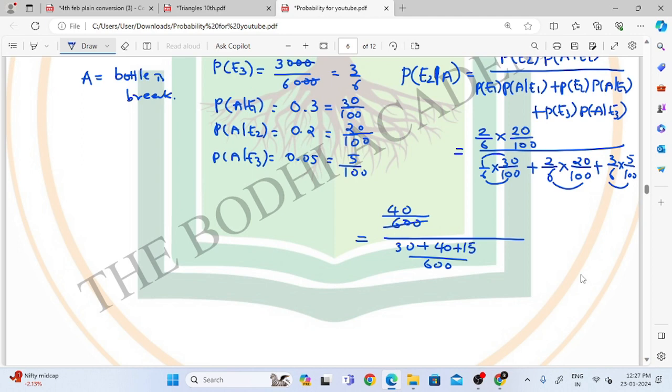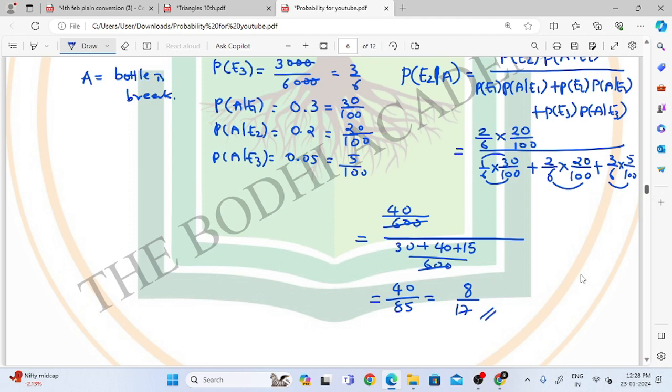So 600 and 600 will get cancelled, so it will become 40 upon 30 plus 40, 70, 70 plus 15, that is 85. So if you cancel this out, you will get 8 upon 17. So this is the answer.